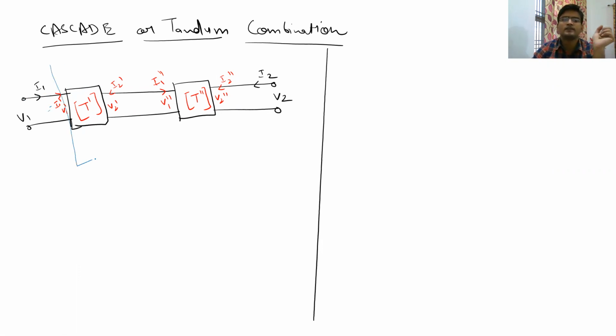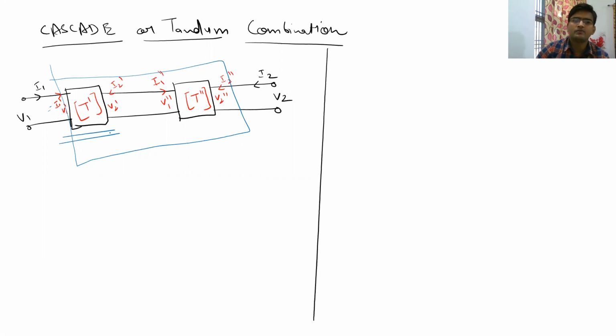So if you want to make a single two-port network, it would be easier for us to use ABCD parameters. So let us write the equation of ABCD parameters for the first two-port network. So we will have V1 dash is equal to A.